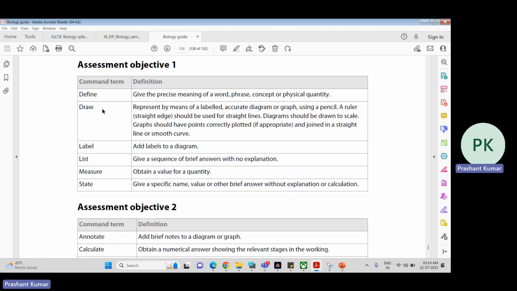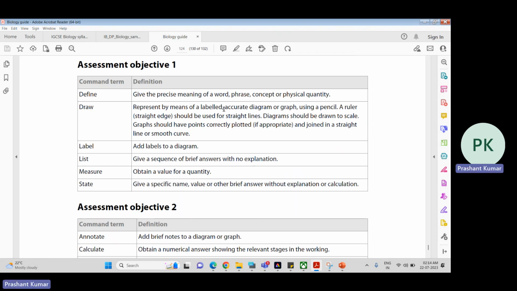Draw, when it comes to draw, means represent by means of a labeled diagram. So it's not like draw the structure of a leaf or draw the structure of the system, and you just draw it and leave it. You have to label the important parts. The diagram should be technically correct and accurate.